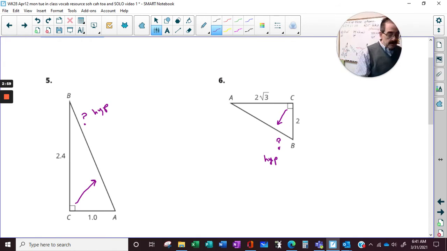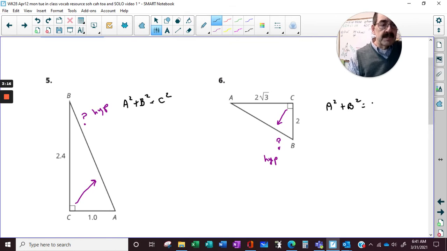We want to make sure that we remember the Pythagorean theorem. So we're going to start class today by doing the Pythagorean theorem. A squared plus B squared equals C squared. Now, 1 squared plus 2.4 squared is equal to the hypotenuse squared.